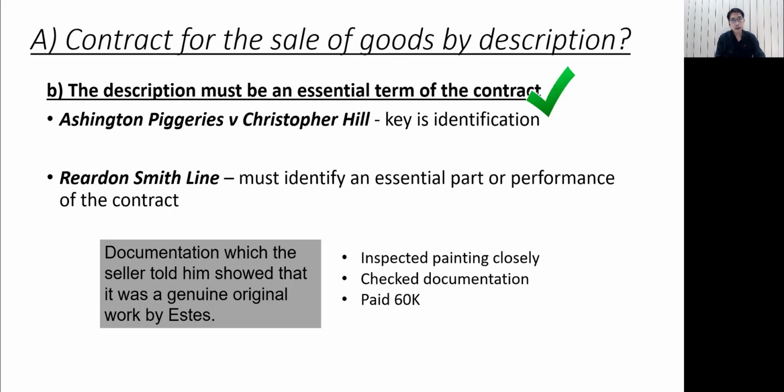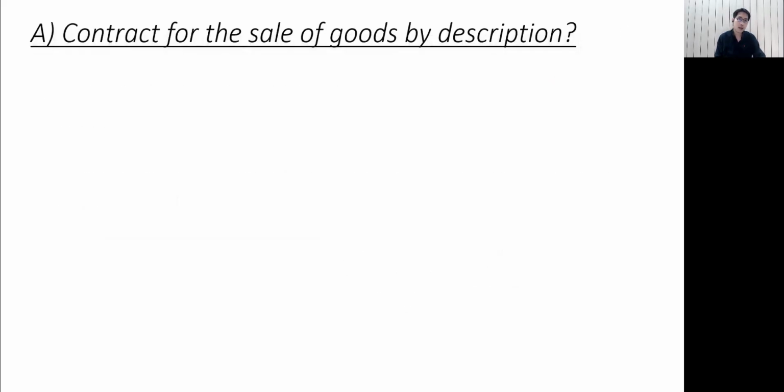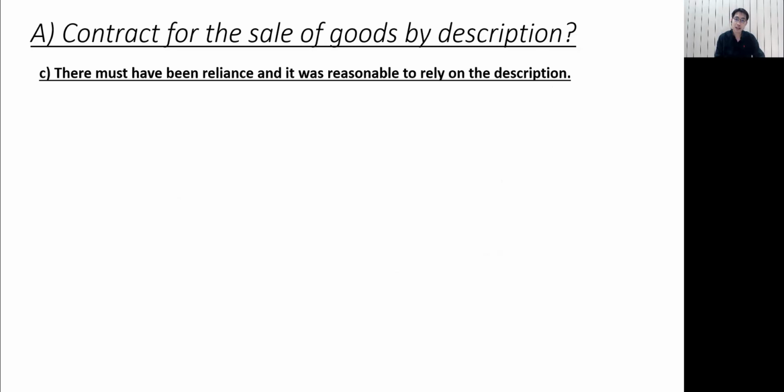Which brings us to the third and last requirement, and the one that most likely you will spend some time on in this part of the answer. You will be discussing whether there was reliance and whether it was reasonable to rely on the description. Making the sale subject to a descriptive term is not enough.